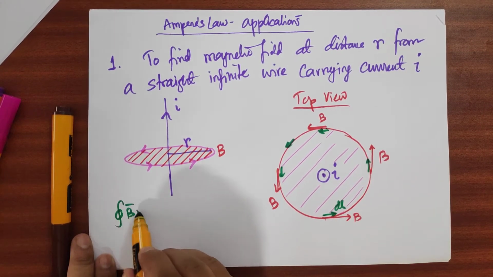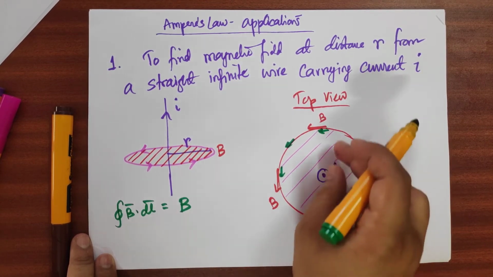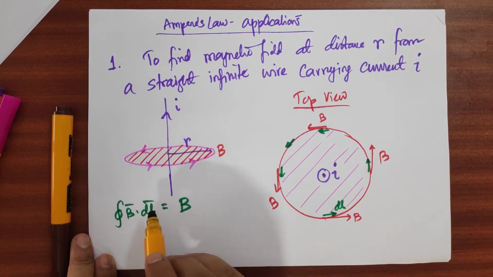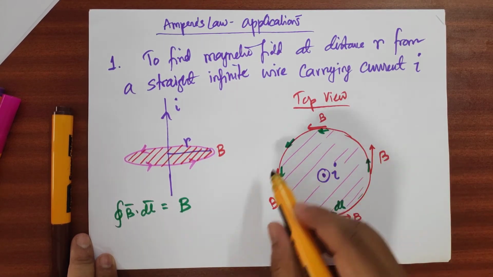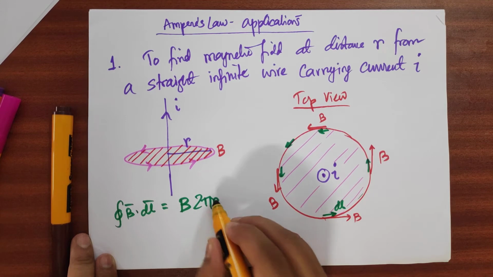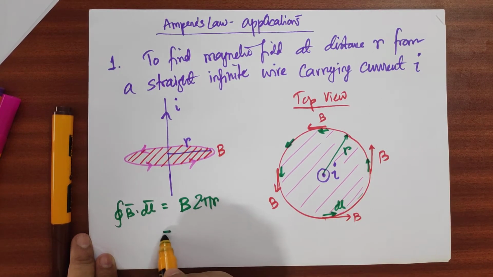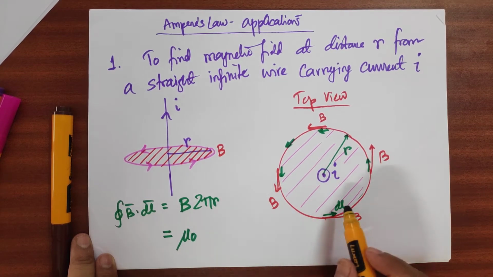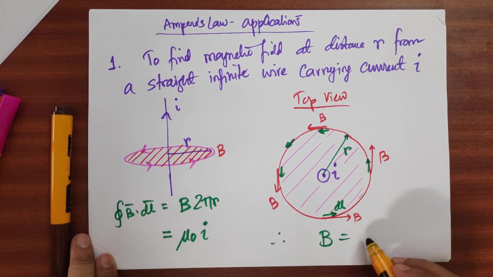So integral of B dot dl, what will you get? Closed integral of B dot dl is equal to B multiplied by, B is constant, right? B dl into cos of 0. So integral of dl, the sum of all this length, is 2 pi r. So this has radius r. This is equal to mu0 into the current crossing this loop, I. Therefore you get B equal to mu0 I by 2 pi r.